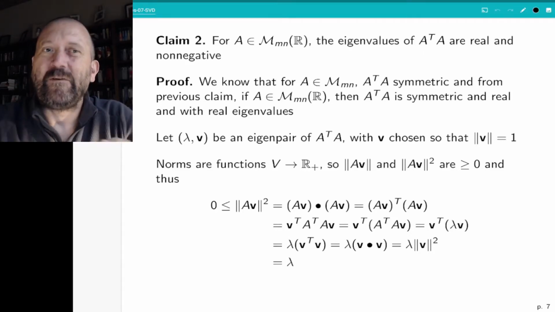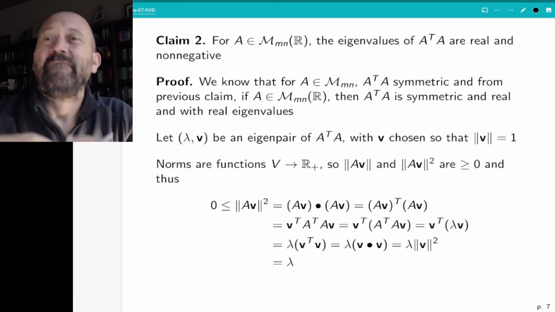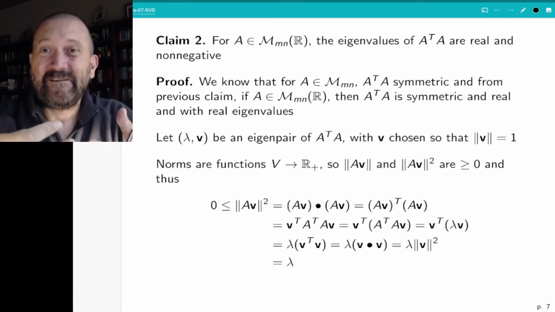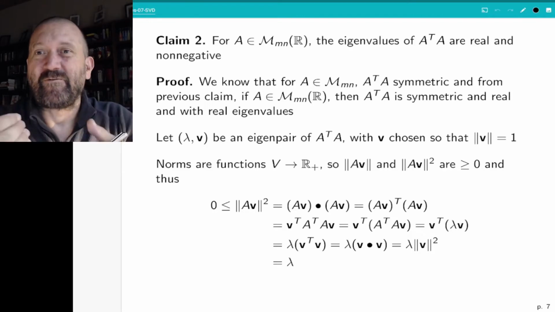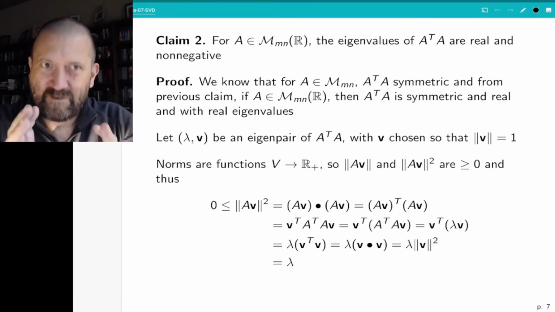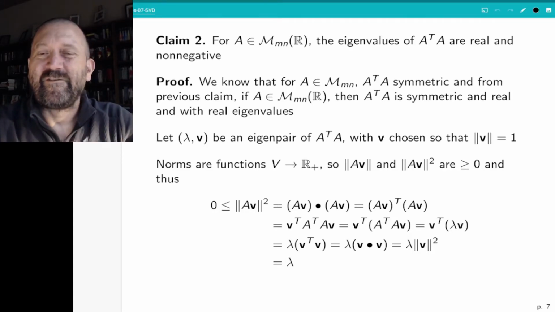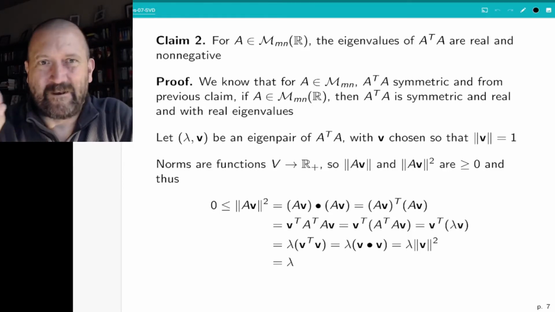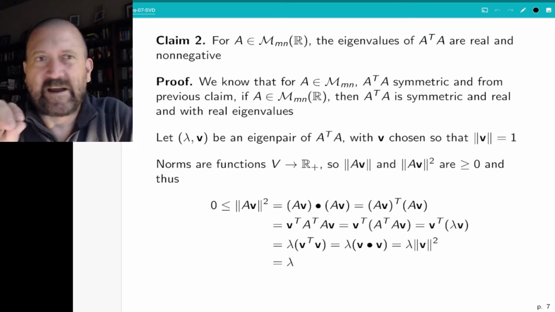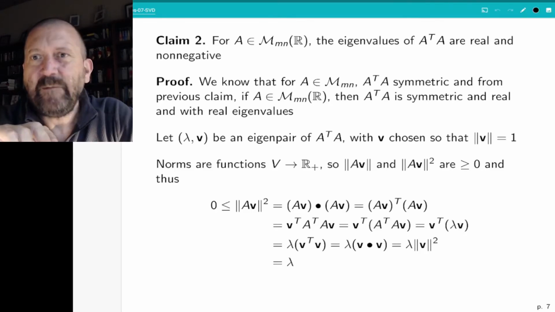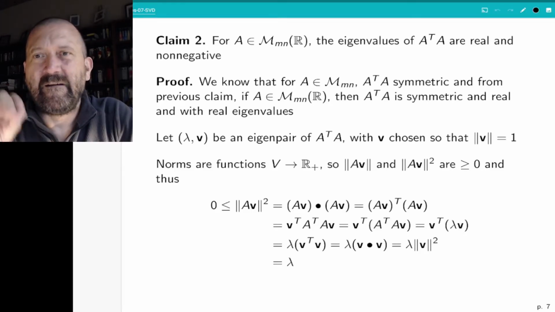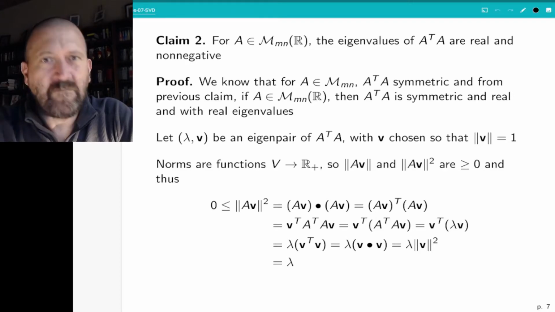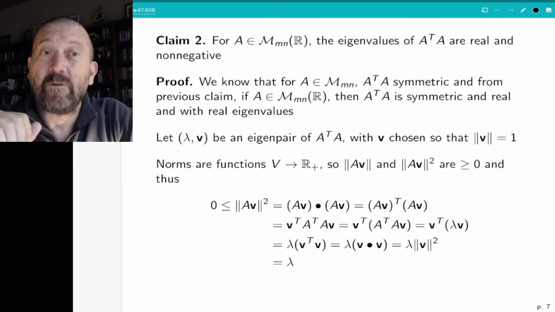It's a property of real symmetric matrices that are created by taking A transpose times A. Bear this in mind, this is important. So the claim is, as announced, that if I have a matrix of this shape, A transpose A, the eigenvalues are real and non-negative.